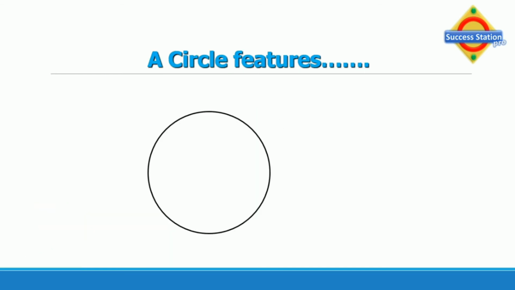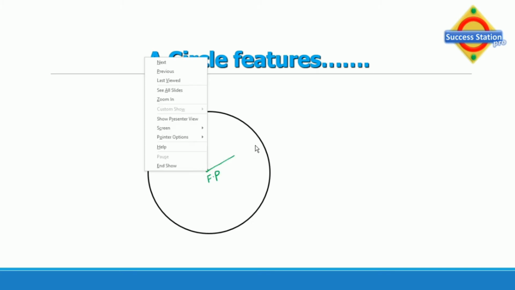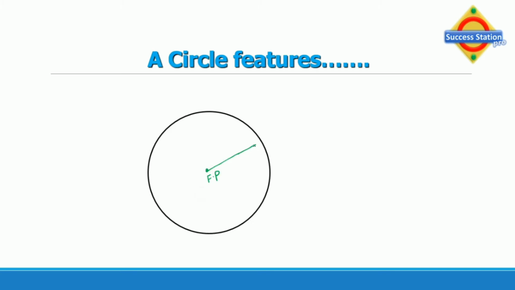Now the features of the circle. Now imagine it is a fixed point. Now you have drawn this line over here. This point was moving, right? This point was moving and this point was called the moving point. This was the fixed distance.